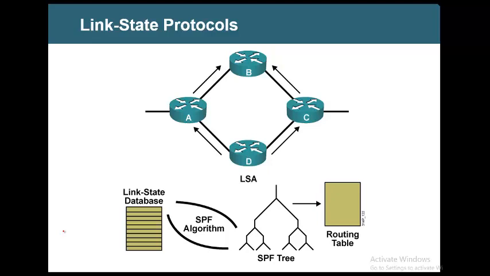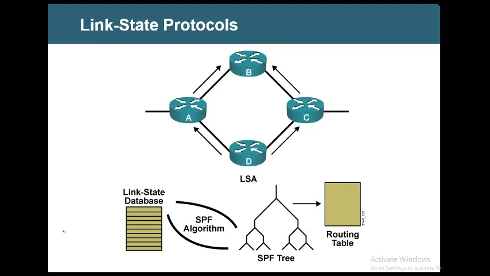In EIGRP, that's not possible. In EIGRP, routers advertise only the best route from the routing table. So the other routes are not revealed to the neighbor, and the neighbor really doesn't learn the complete topology.